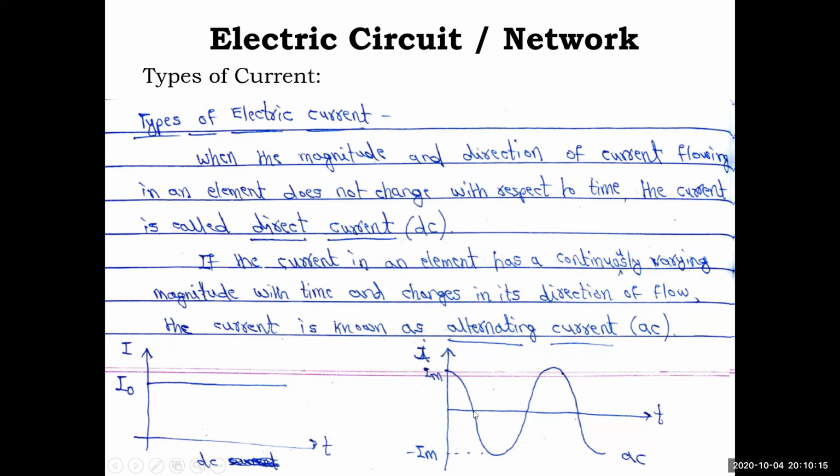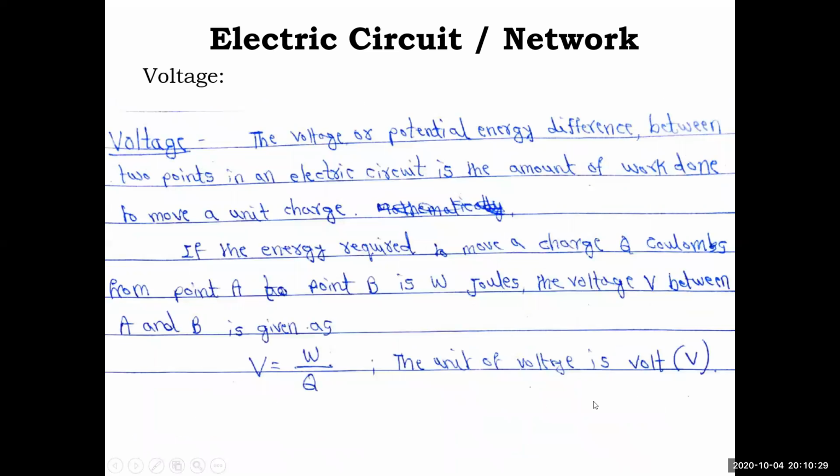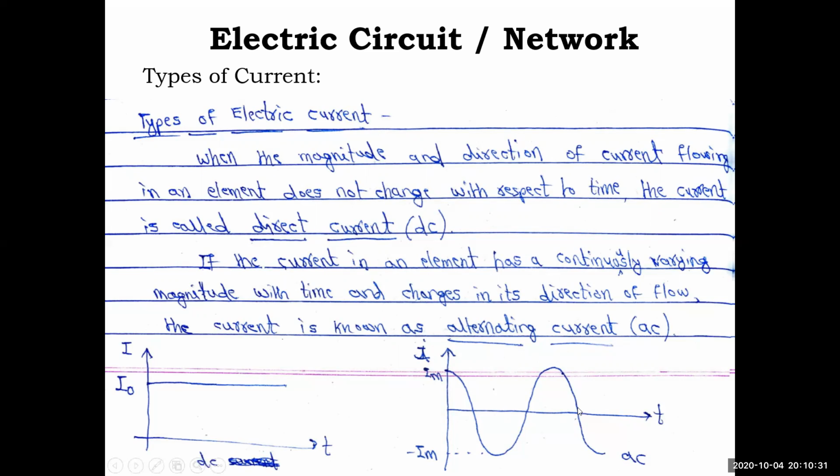Then it comes to neutral, then goes negative and reaches the peak. Now the direction again changes to upward. So it is changing both the magnitude as well as the direction as time progresses. That is shown here. This is called alternating current or AC current. Hope it is clear.